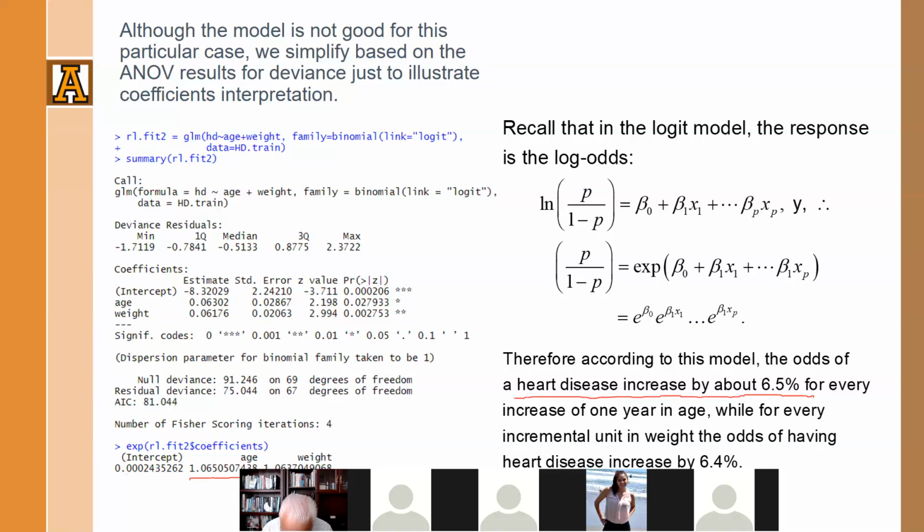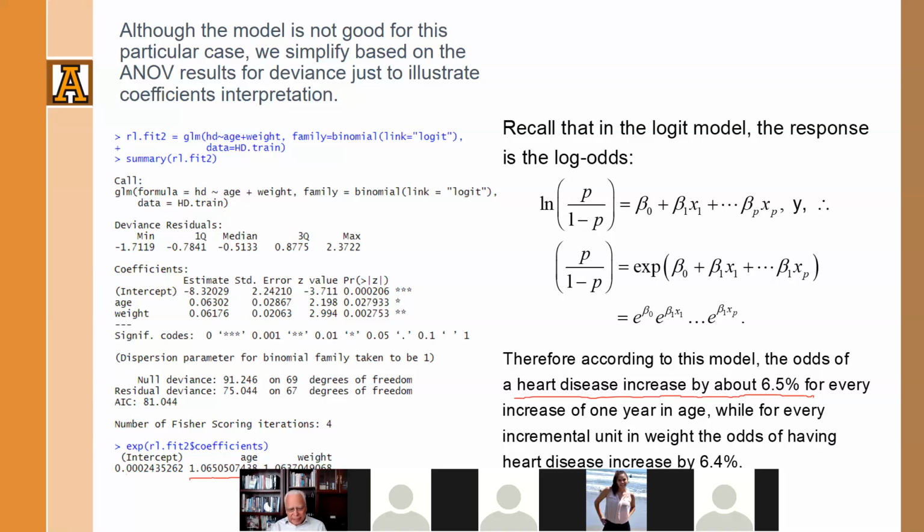And now look at the weight. The exponential of the weight coefficient is 1.0637. So for every kilogram, assuming weight is in kilograms or pounds, whatever, if it's in kilograms, then for every kilogram of weight that the individual increases, his or her odds of having heart disease increase by roughly 6.4%.